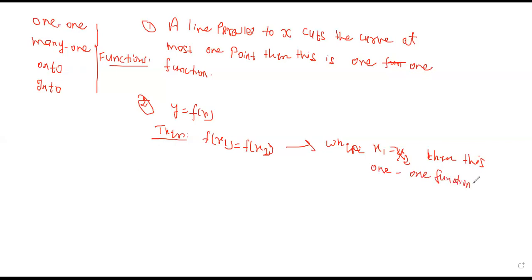This is the concept in chapter 1, relation and function, where we have to find the value of or prove a one-one function. Then you use this type of concept: f(x1) is equal to f(x2). Okay.